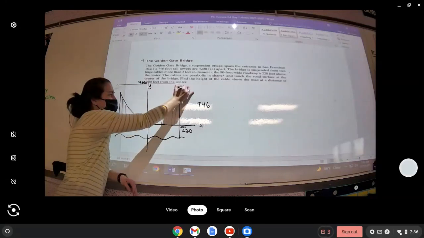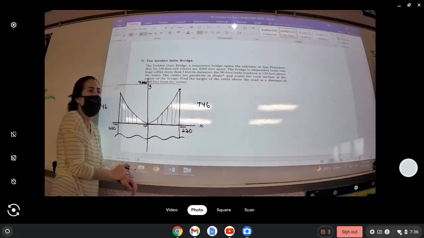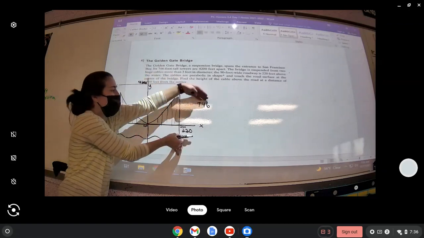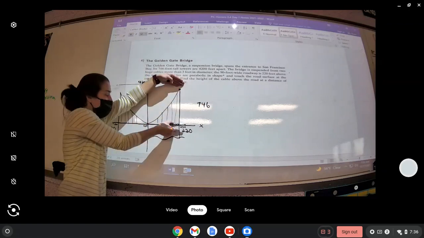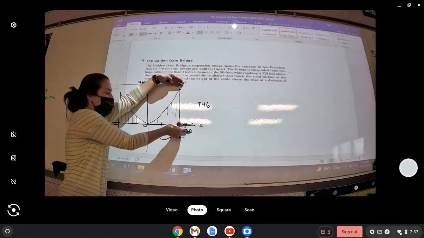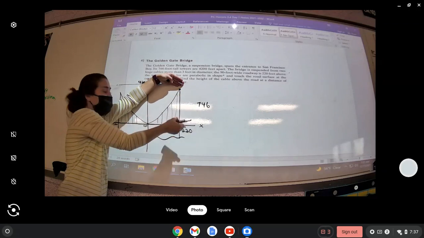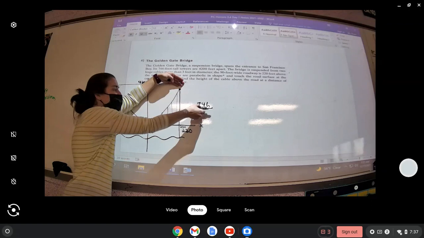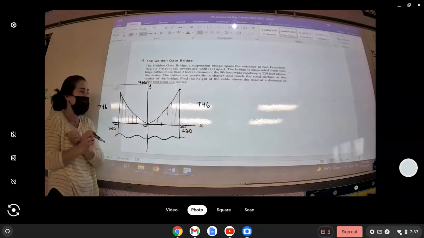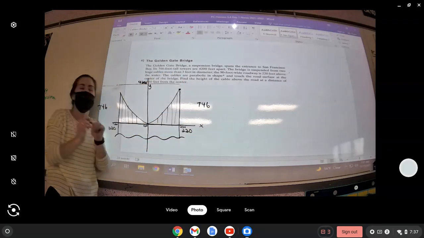All right, now, the height right here. We know this point right here has an x coordinate of 2,100. What is its y coordinate? Well, guys, the tower itself was 746 feet, but we're letting the x-axis be like ground zero. So that's 220 feet that you have to take off of its height. So from here to here, the tower is only how tall if you take off the 220 feet? 526.